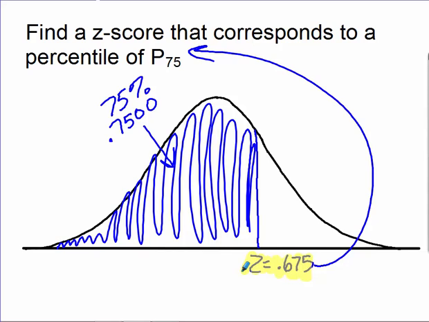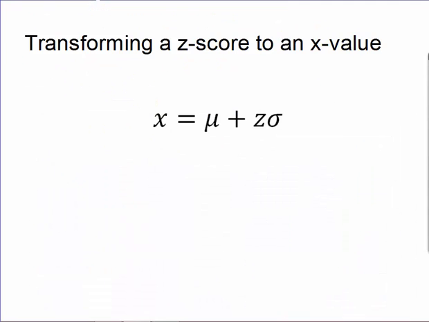Now, like I said, this is all fine and dandy, but there's one other piece that we can actually do with this particular section, and it actually introduces a new formula to you guys, which is actually a modified form of the z-score formula.